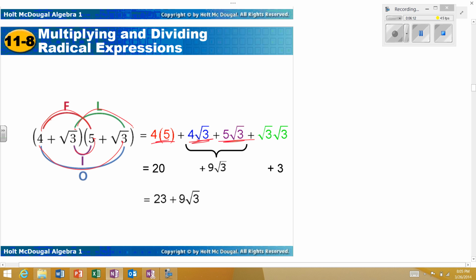And then your last would be radical 3 times radical 3 right here. So this simplifies to 20. These will combine to make 9 radical 3. And then radical 3 times radical 3, remember I told you it just becomes what's underneath when it's the same thing. And then we can combine this 20 and this 3 to get 23. And then we have just the 9 radical 3 left.